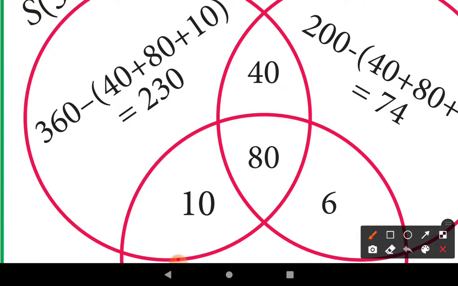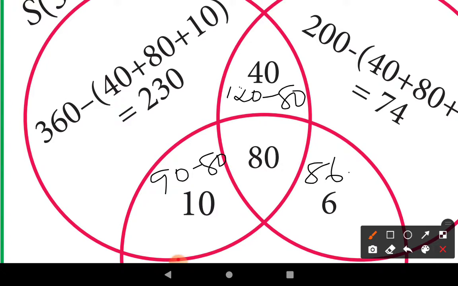In the question they have given that 120 families use scooter and car, 86 families use car and bicycle, and 90 families use scooter and bicycle. 80 people use all three, so subtract this. You will get 40, 10, and 6.